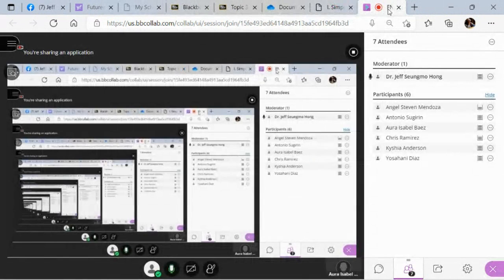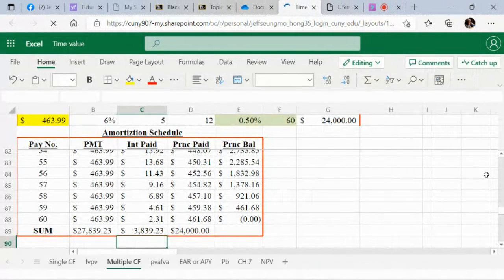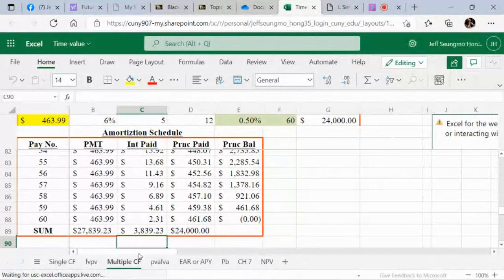No, this is not it. I have it. But you see what I'm talking about, right? You see what I'm talking about. Yeah, this is it. I lost this.